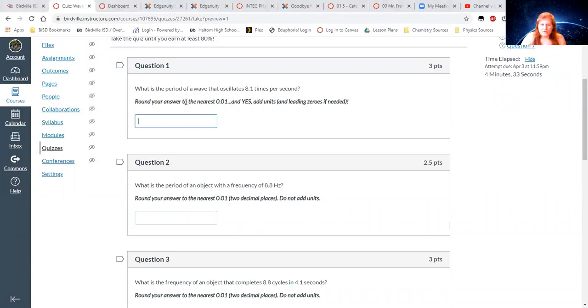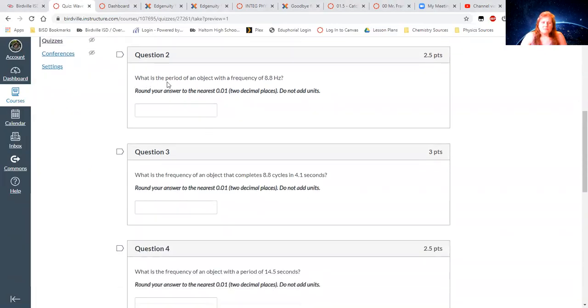And right here, round your answer to the nearest 0.1. Yes, add units. So when you plug that in your calculator, 1 divided by 8.1, you get 0.12, and our units are seconds. You can also type in SEC if you prefer like that, but just an S for seconds is perfectly fine.